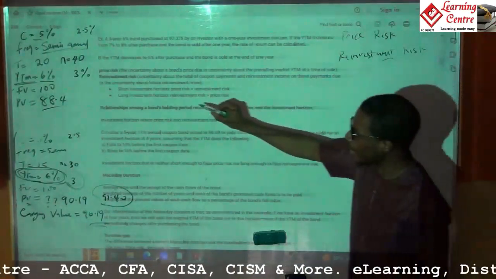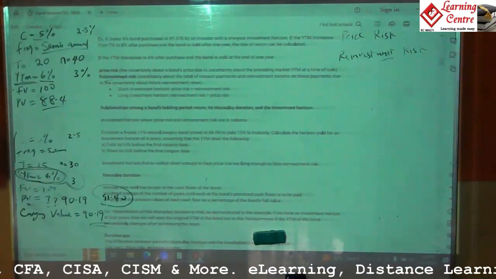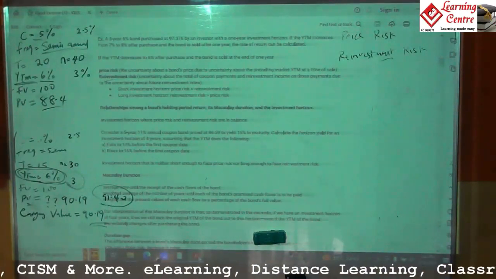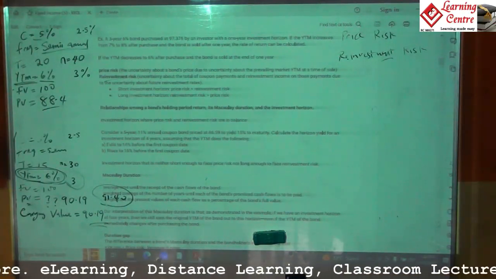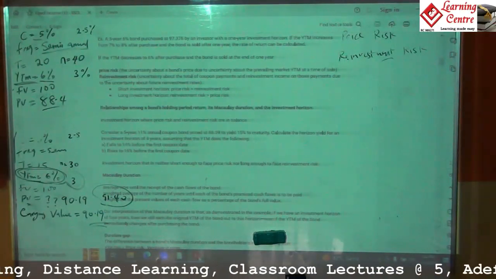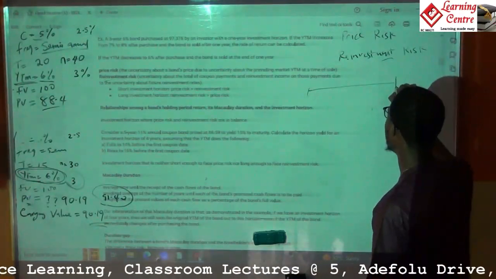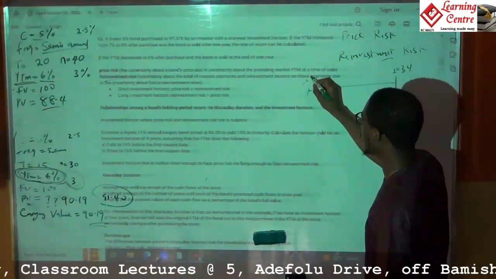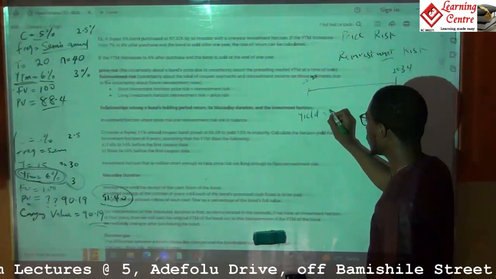It's about the terminology now. What is reinvestment? You have bought the 10-year bond today, 2034. When you bought the bond, the yield at which you bought it was 19%.